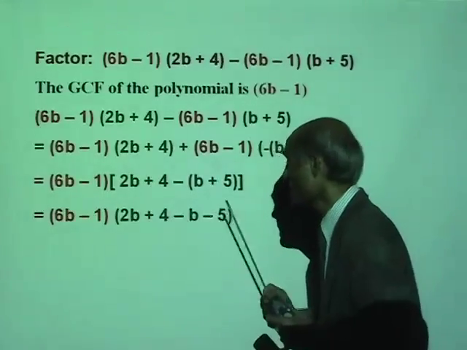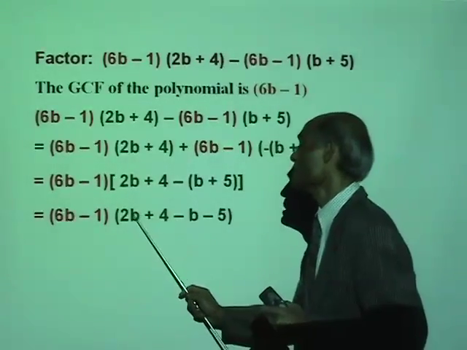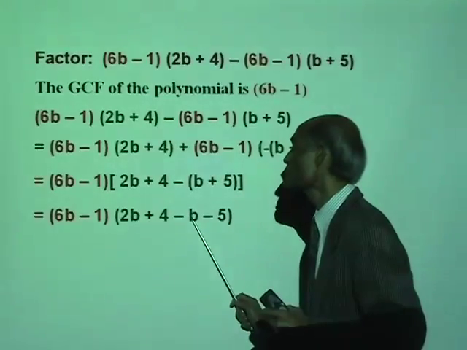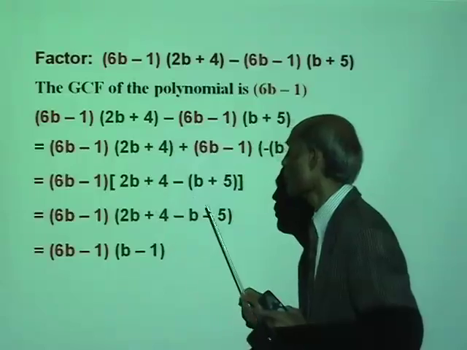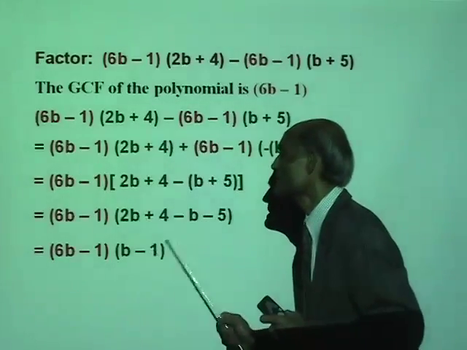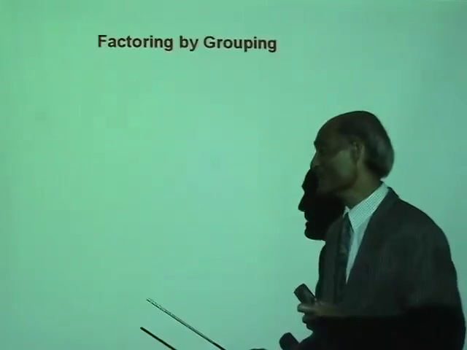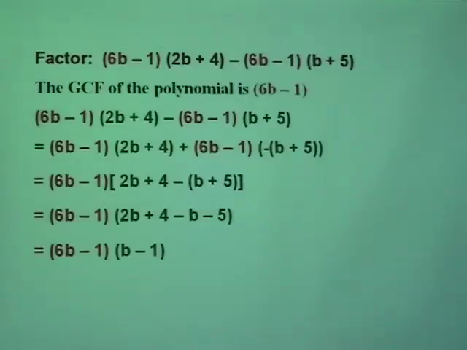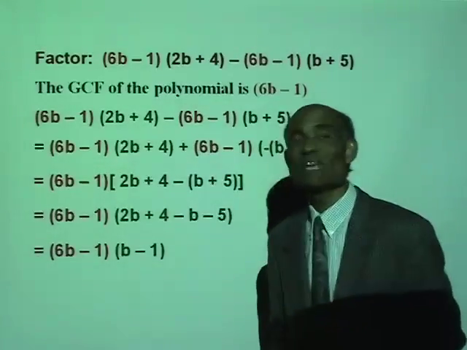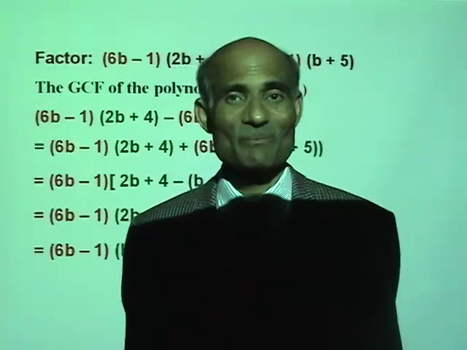Now simplify inside that parenthesis. 2b minus b is b, and positive 4 minus 5 is negative 1. And therefore the answer is (6b minus 1) times (b minus 1).